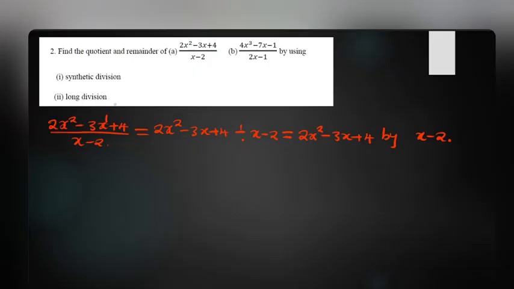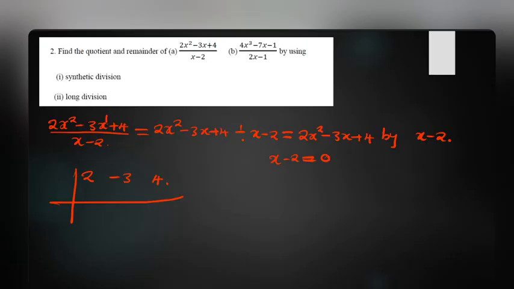After that, you get the coefficients. So you have 2 as the coefficient of x squared, then for x the coefficient is negative 3, then the constant is 4. Now our divisor is x minus 2.